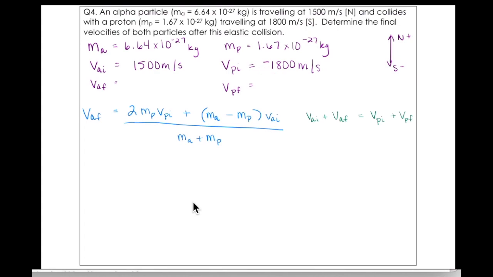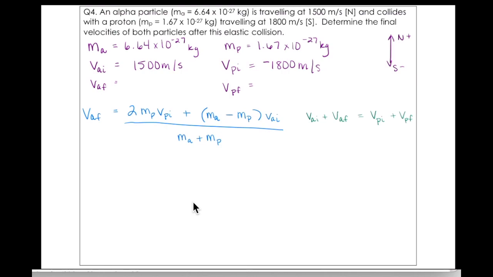First I'm going to solve for my alpha particle, which I'm calling the first object. Here I have the equation written out for the final velocity of my alpha particle.